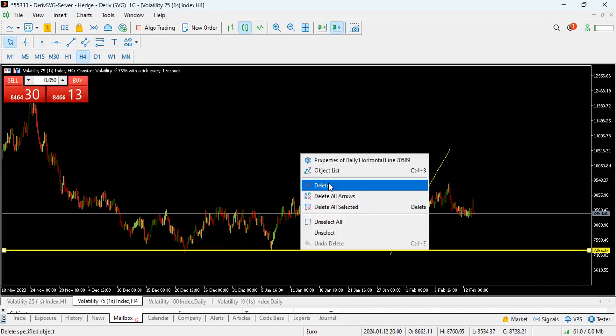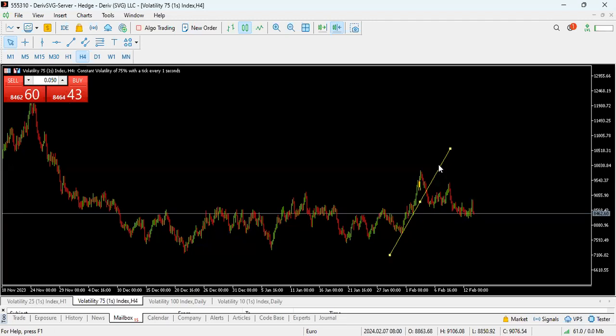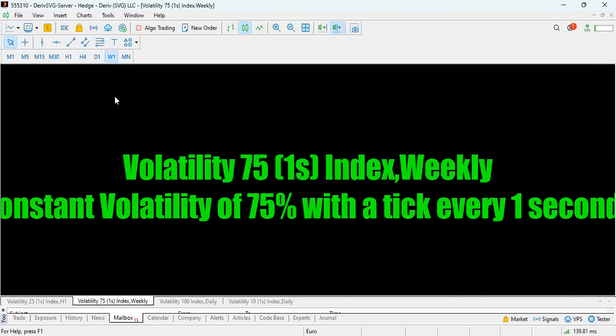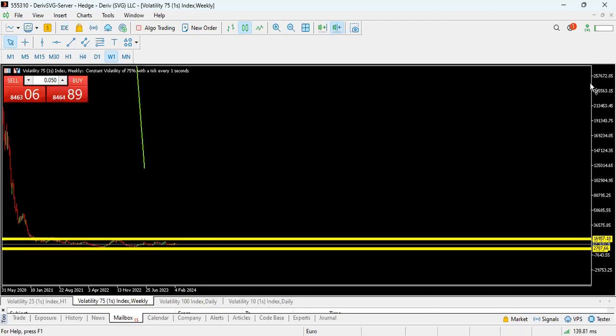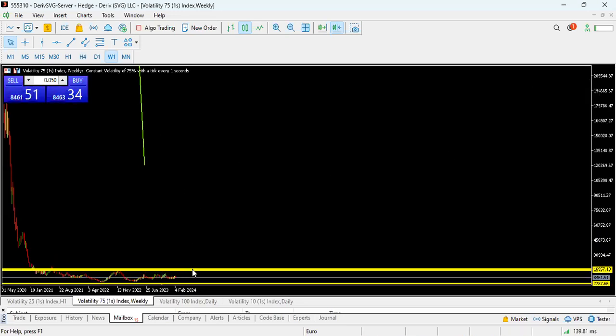So let's get started. Now, the first thing you want to know for Deriv is to go to your weekly time frame, but most of these markets are very new, so they don't have much long time data.